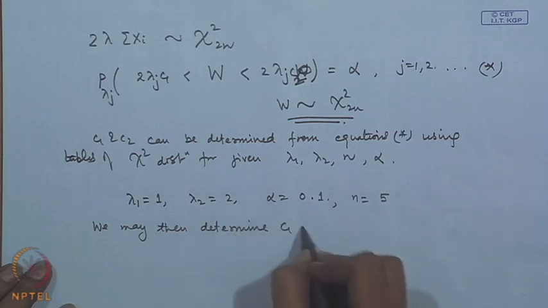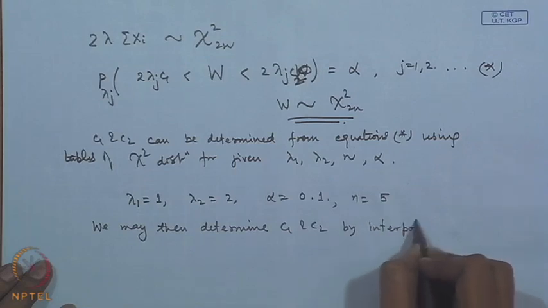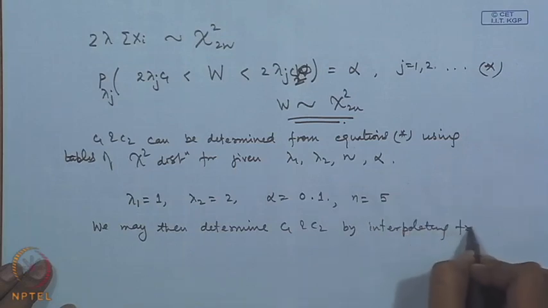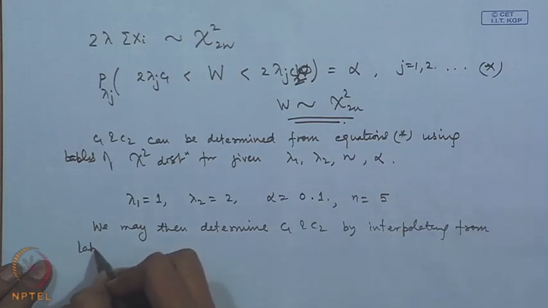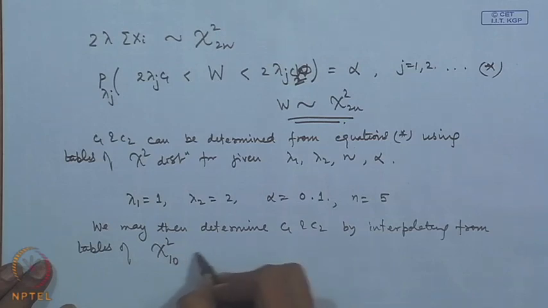We may then determine C 1 and C 2 by interpolating from tables of chi-square distribution on 10 degrees of freedom.